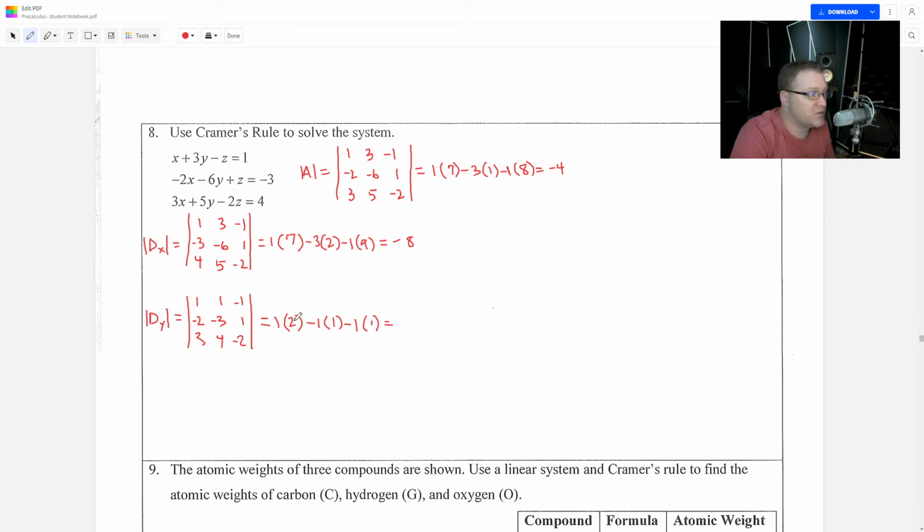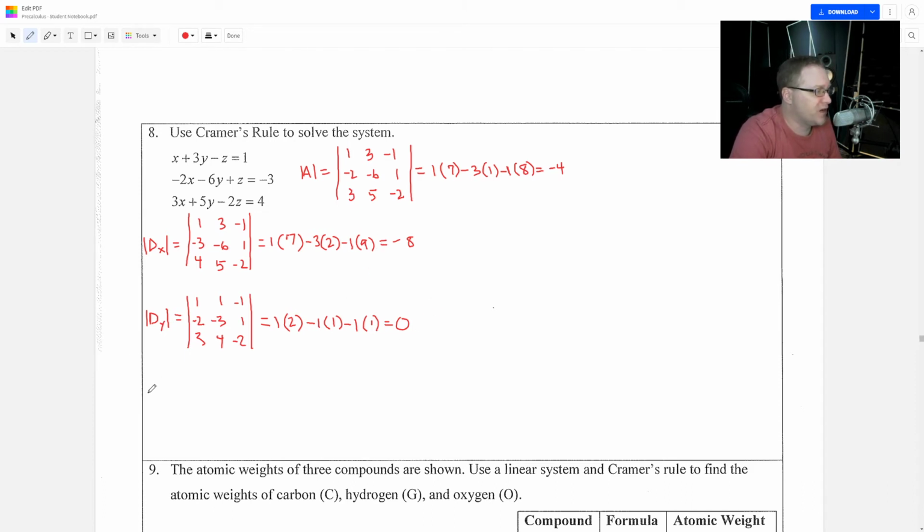So we're going to have 2 minus 1 minus 1, which is 0. Now, I said a can't be 0, but dx or dy or dz, they can be 0. It's okay because we're going to be dividing by a. So the 0 can't be on the bottom, but it's okay if the 0 is on the top. That's not a problem.